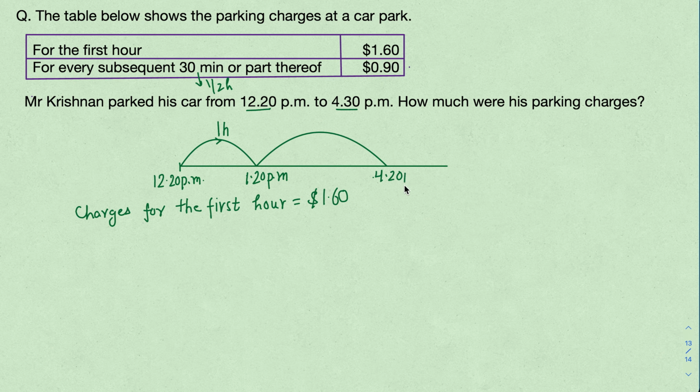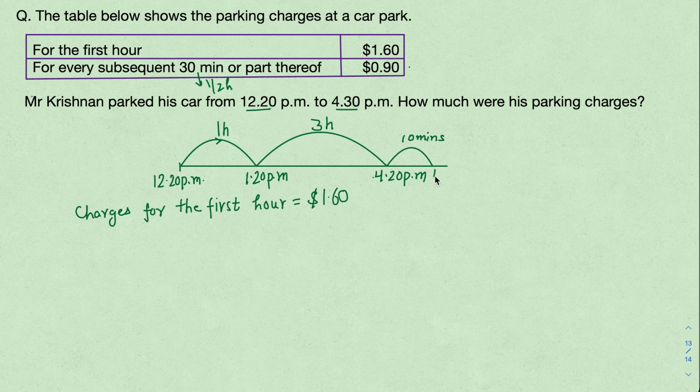So from 1:20 to 4:20, how many hours have passed? 4 minus 1, 3 hours. And then from 4:20 to 4:30, it's another 10 minutes.